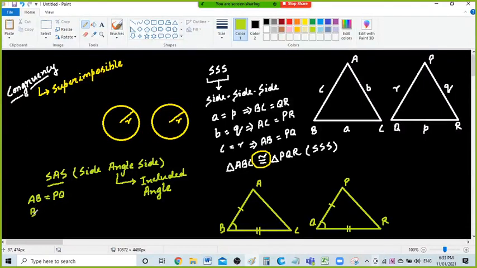BC equals QR, and angle B equals angle Q. In that case only, triangle ABC is congruent to triangle PQR.